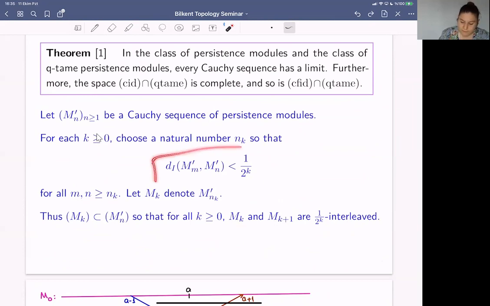So find a subsequence such that two consecutive persistence modules satisfy this inequality. When the interleaving distance between two is less than 1 over 2 to the k, we can say that these two persistence modules are 1 over 2 to the k interleaved.